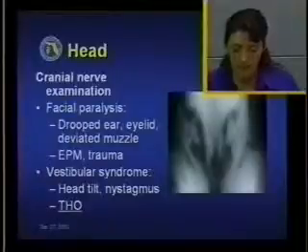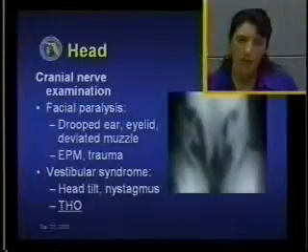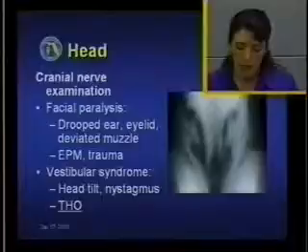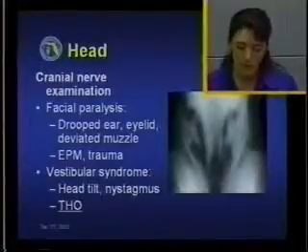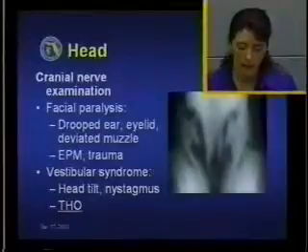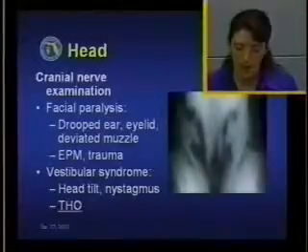And in many cases, cranial nerves 7 and 8 will be affected equally, so it's not uncommon to see the syndrome associated with the drooped ear and eyelid that we saw previously.